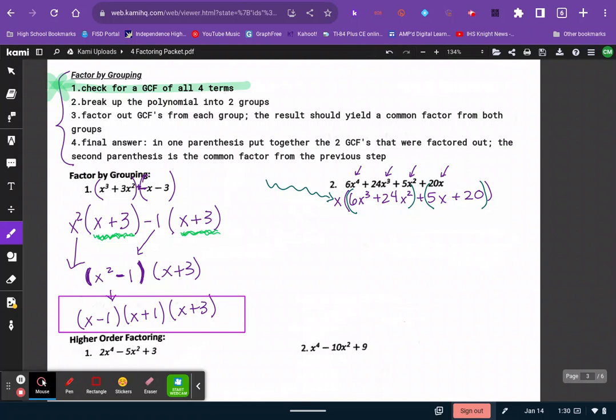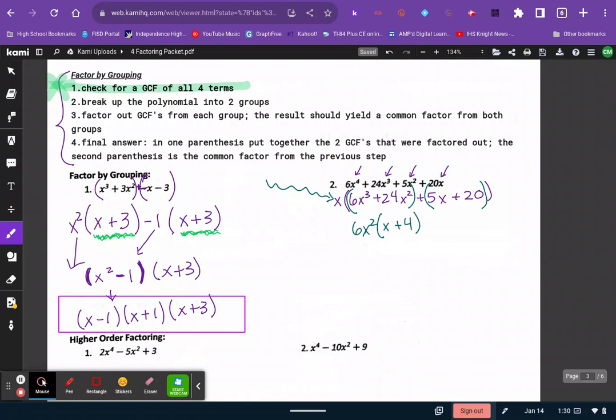But now with what's inside here, these two groups, let's go forward. First group has a 6 in common and an x squared. So I'm going to take 6x squared away from 6x to the third. I'm going to divide it out of 6x to the third. 24 divided by 6, and then x squared divided by x squared. Okay.